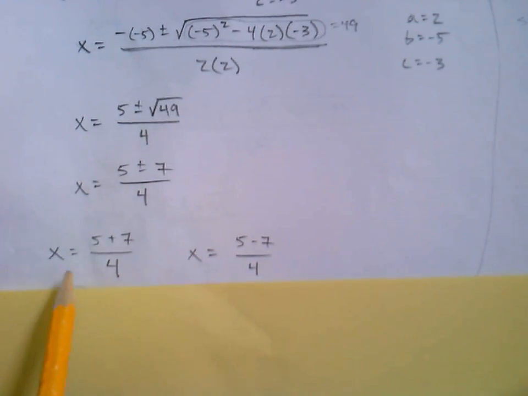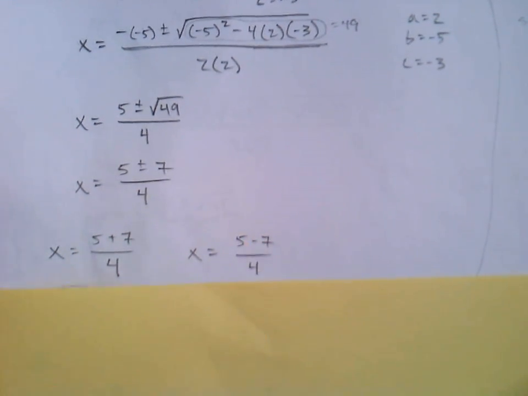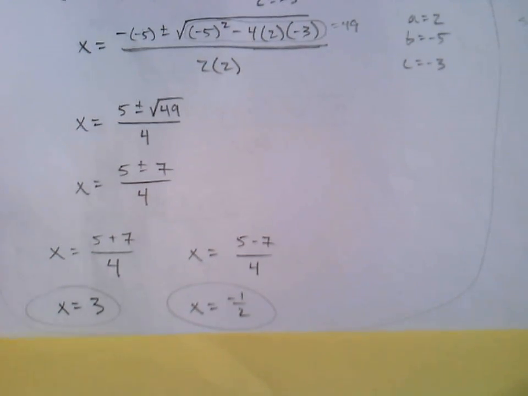X equals 5 plus 7 over 4, x equals 5 minus 7 over 4. Doing these one at a time, 5 plus 7 is 12, divided by 4 gives me 3. 5 minus 7 over 4 would be negative 2 over 4, negative 1/2. So I've got my two answers.